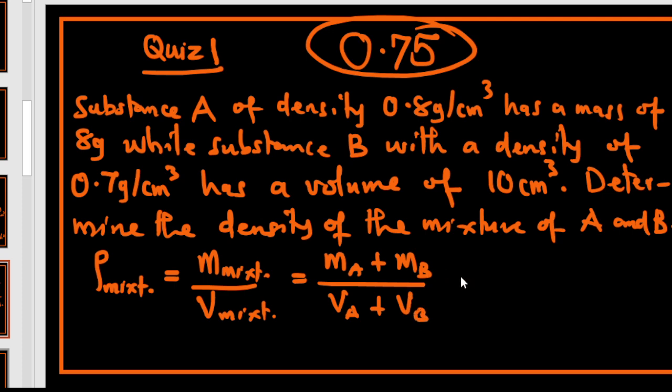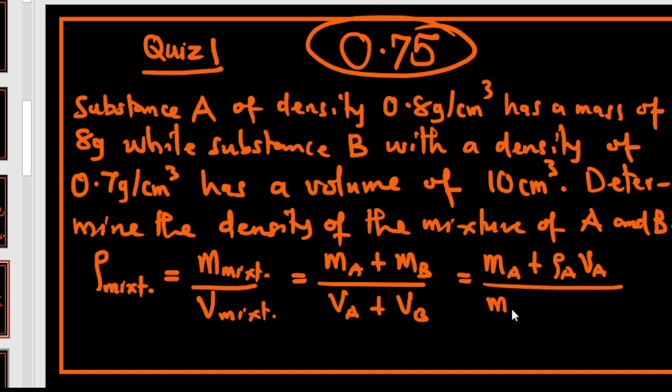We have mass of A, but we do not have mass of B. Mass of A is known as 8 gram. Mass of B, we don't know it, but we have volume and density of B. From density equals mass over volume, we can get an expression for mass in terms of density times volume. Then divided by, we do not have volume of A, but we have density and the mass of A. So from density being mass over volume, we can get an expression for volume, which is mass over density.